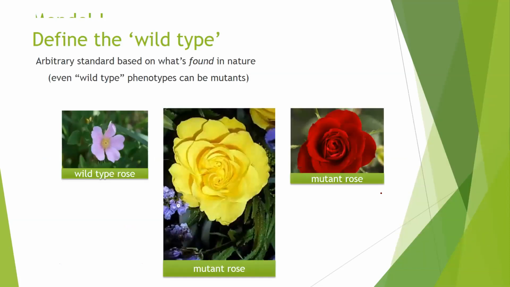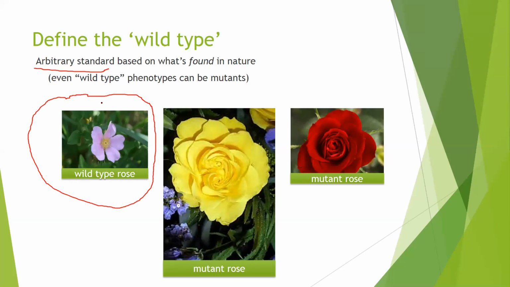Let me give you an example. Wild type and mutant are relative terms, and sometimes we might be wrong in terms of these two terms, because the wild type is somewhat arbitrary. For example, if we are talking about roses, this is the rose that is most commonly seen in the wild in nature.